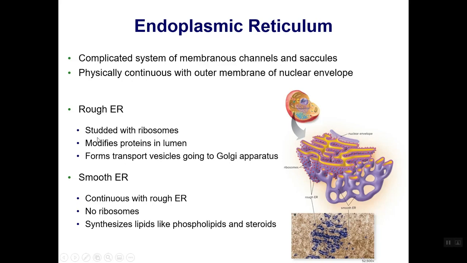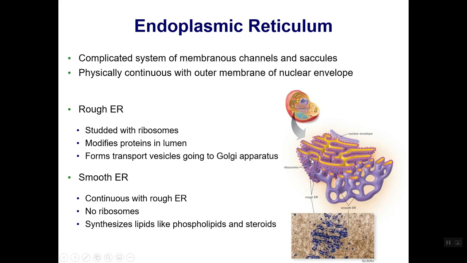But the smooth ER, on the other hand, is smooth. Okay, so rough ER, smooth ER. Rough ER has the ribosomes, and smooth ER does not. So that might give you a little hint then to what the function of the rough ER is. It aids in helping to build proteins because ribosomes help make proteins.